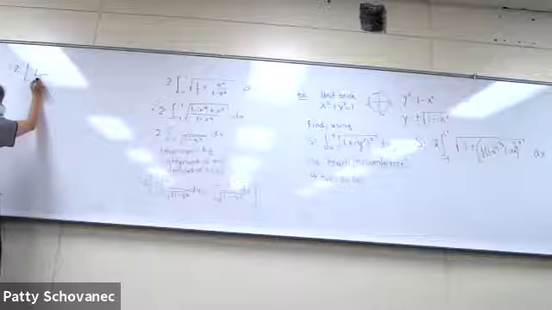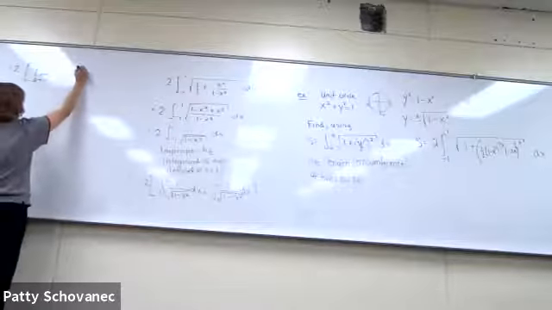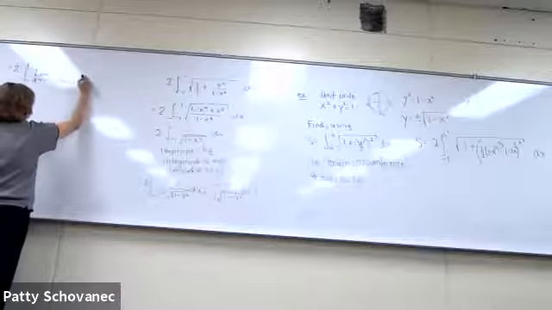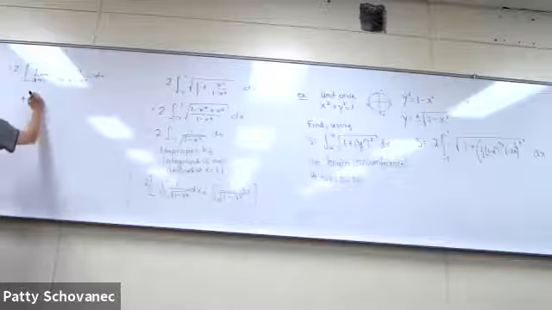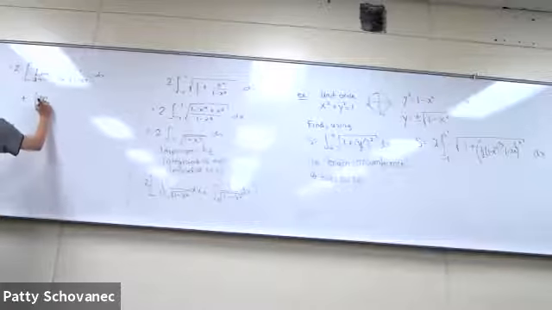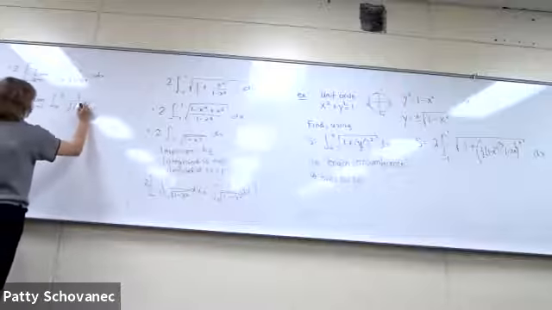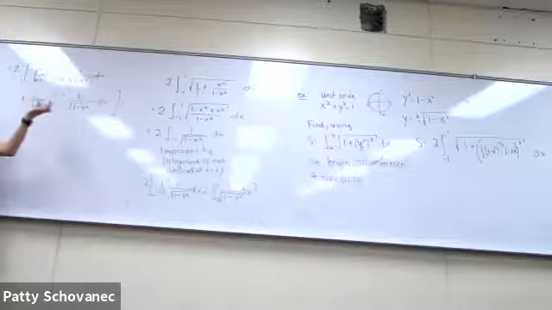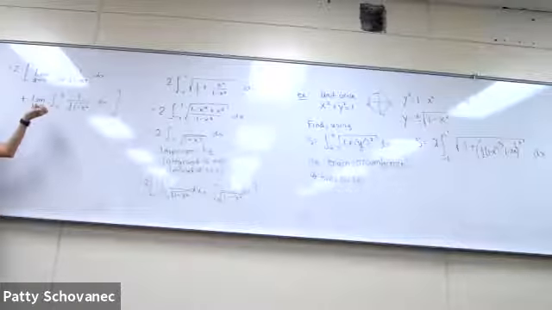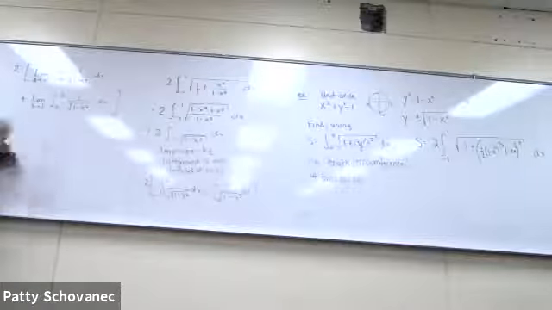Let's say the limit as a goes to -1, from a to 0, plus the limit as b goes to +1, from 0 to b. This interval covers a to 0, so I'm coming in toward the right. This interval covers 0 to b, so I'm coming in from the left.